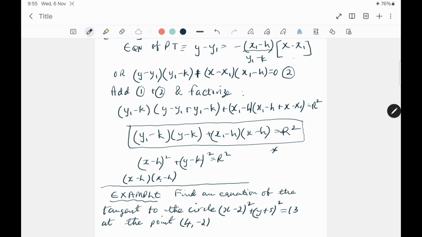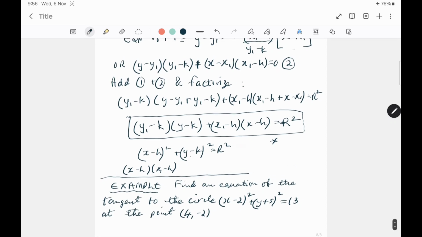It's easy to check that 4, minus 2 lies on the circle.